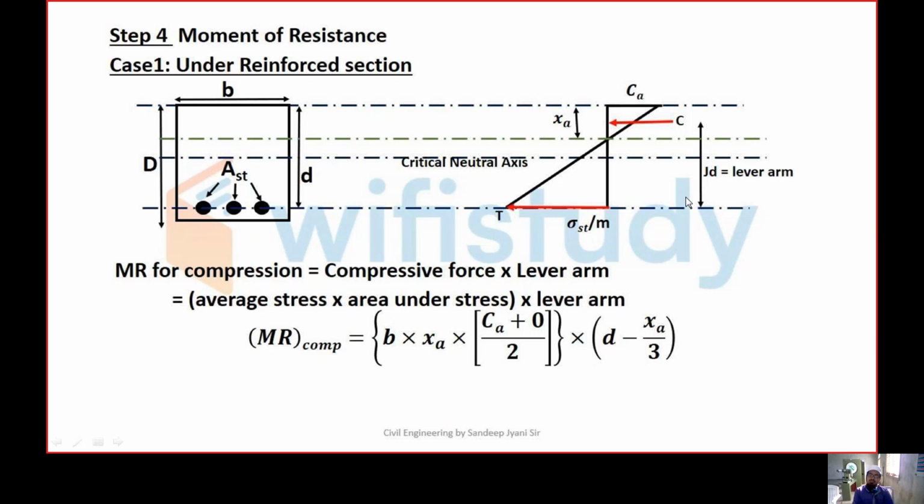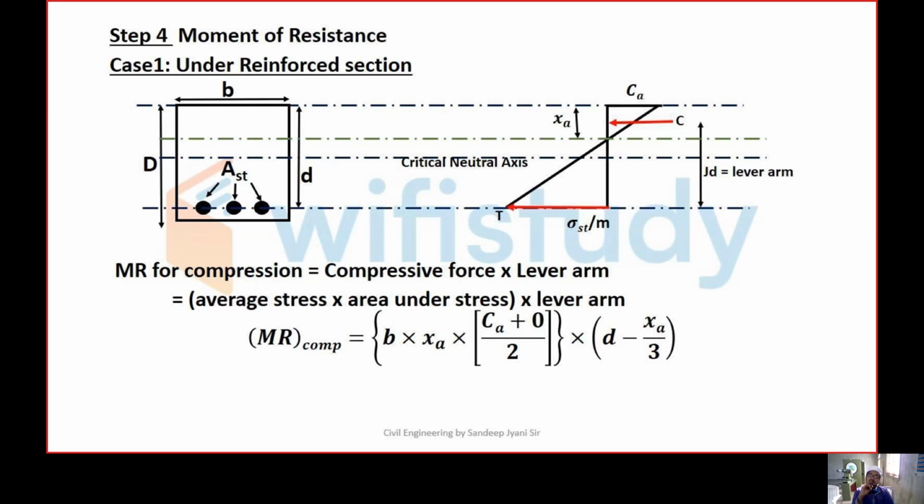The remaining depth, from the center of gravity of the reinforcement to the average compressive force, is known as the lever arm. If you want to find the moment of resistance for compression only, what is the formula? Compressive force into lever arm. Moment of resistance for compression is equal to compressive force into lever arm. This is the formula for moment of resistance, or moment carrying capacity.